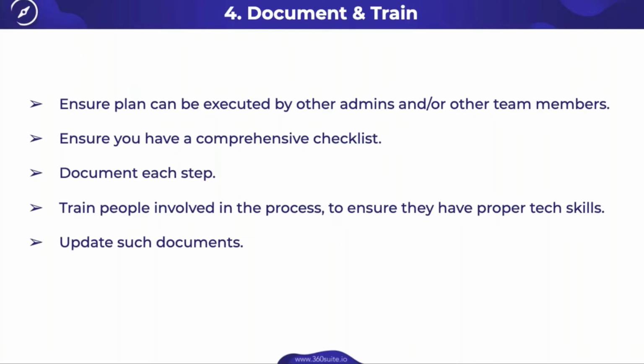Are the people properly trained to do it? Make sure that you've got a checklist that people can understand. If you've got a good checklist, it makes things very easy. And finally, make sure that you maintain all these documents and that people are constantly trained around that.